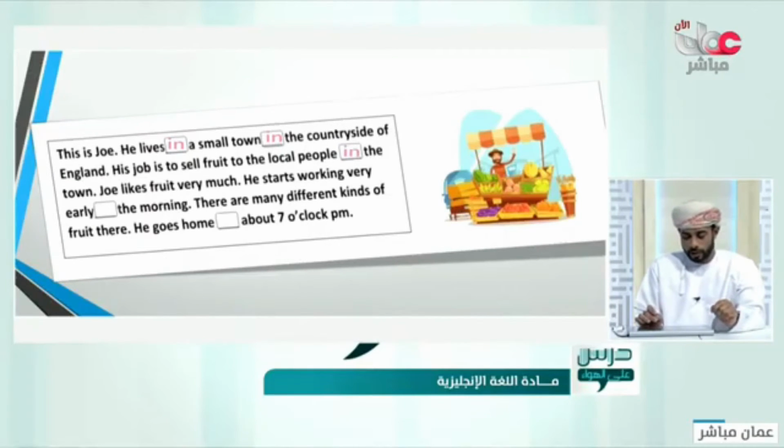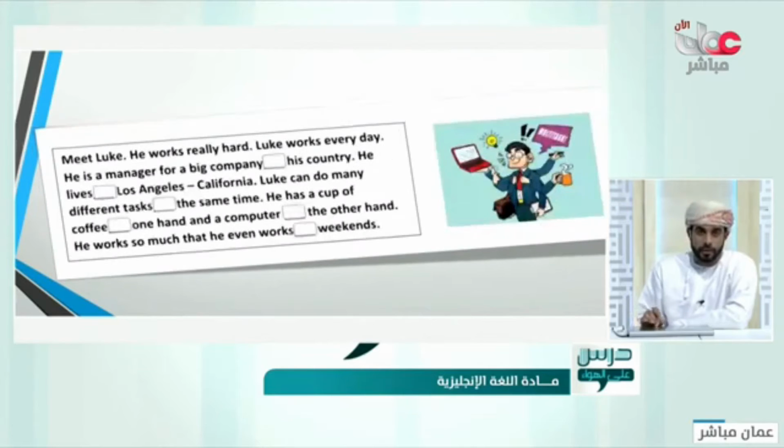He starts working very early in the morning. There are many different kinds of fruit there. He goes home at about 7 o'clock, because it is time. I think it is clear for now. Do we have more exercise in here? Read it. Try to figure out the answers.